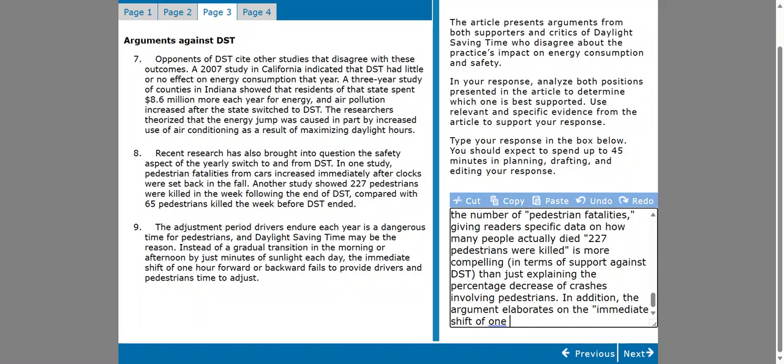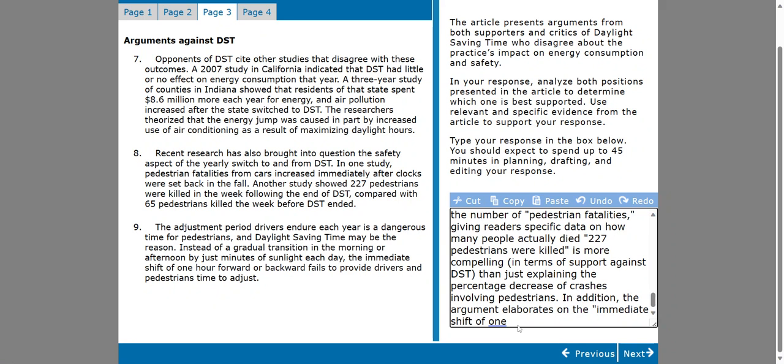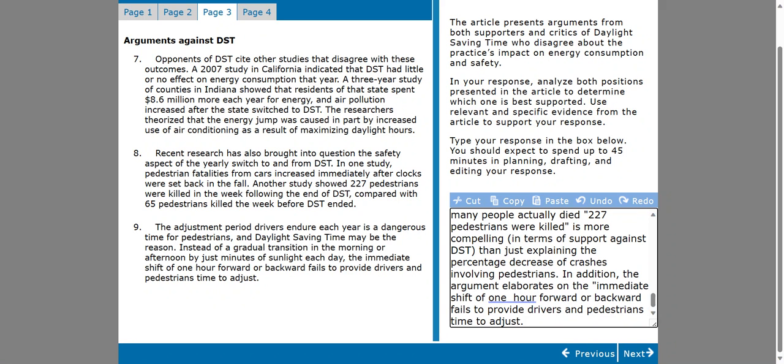And again, I'm using this here. So I'm going to use this paragraph or this section, and I'm copying that. So, in addition, the argument elaborates on the immediate shift of 1 hour forward or backward fails to provide drivers and pedestrians time to adjust.